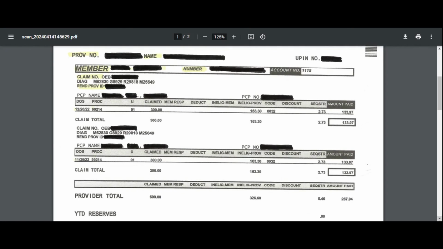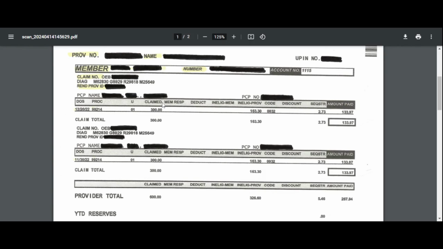In the other 4 remits that we had, you did not see any diagnosis. You see the rendering provider's ID. And in this case, for each claim, you also need to put the PCP's name. So here's the PCP and the PCP number, meaning their NPI number.